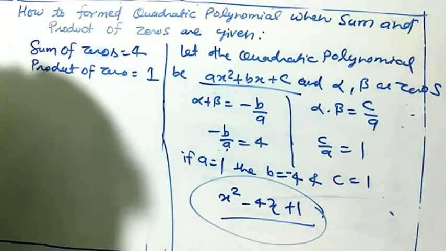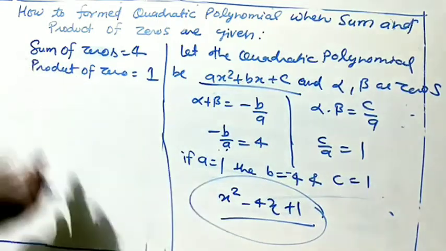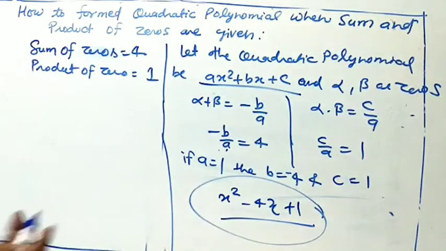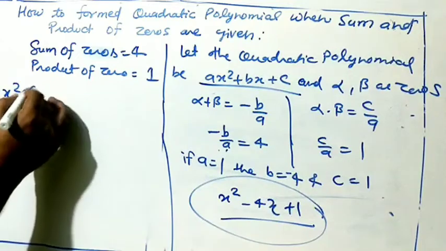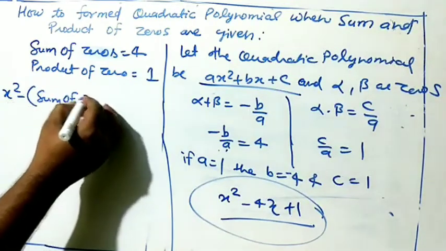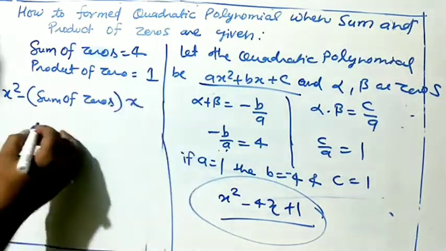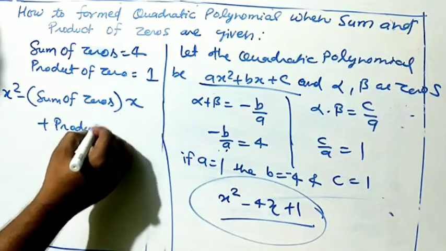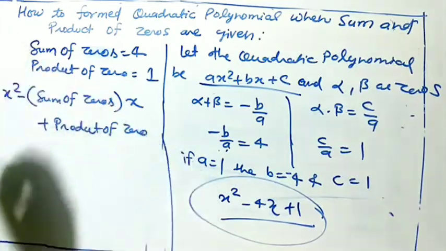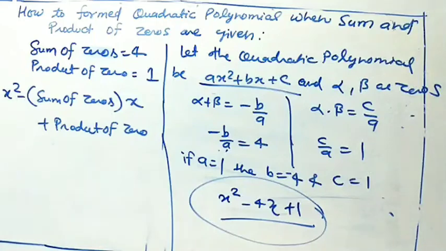This is one of the finest methods, or you can use another method. I am writing the required polynomial: x square minus sum of zeros x plus product of zeros. You can use the direct required equation.